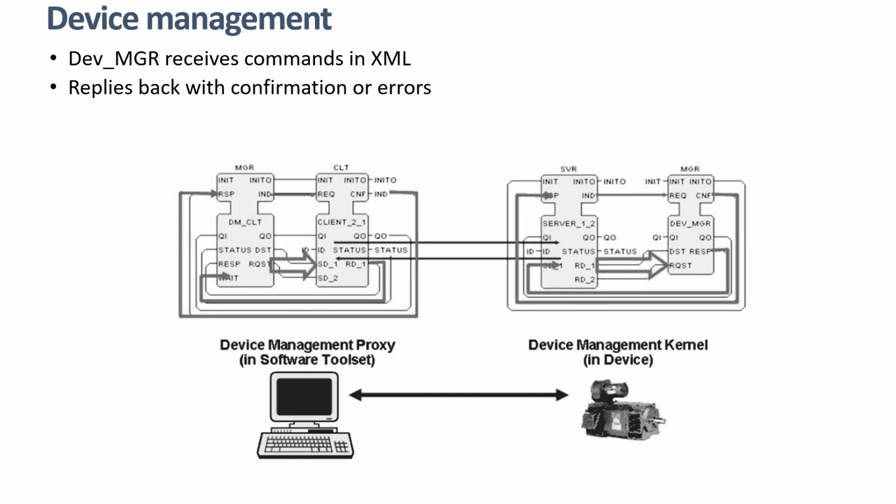For this purpose, usually a special resource type, the management resource, is created inside the device type, and that resource type is responsible for communication with the engineering tool and supporting the device management protocol.